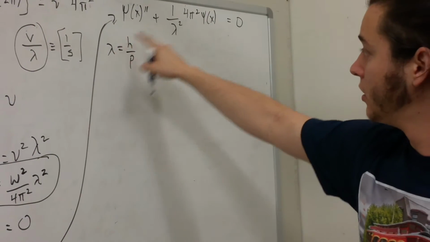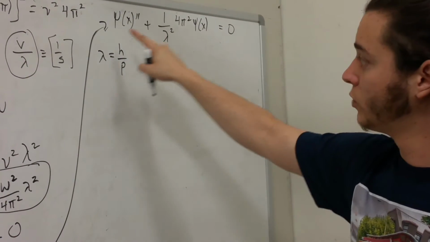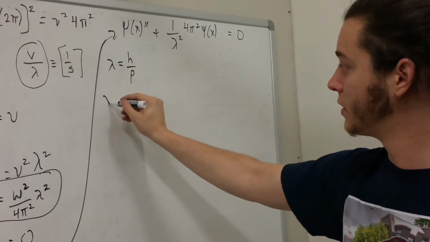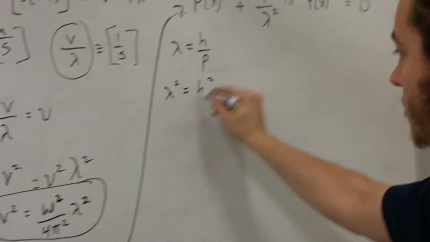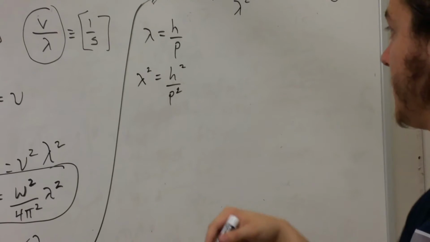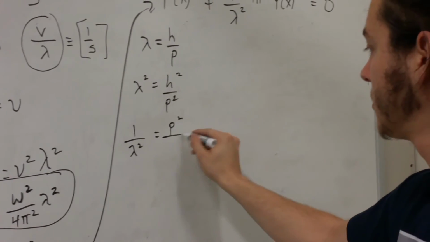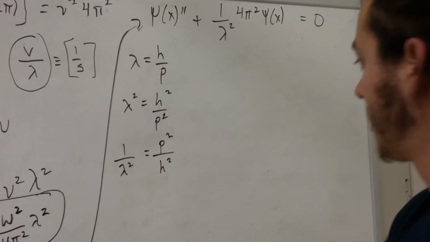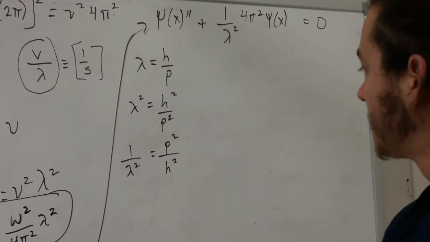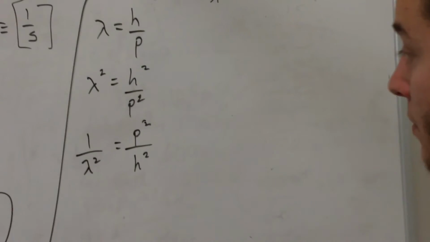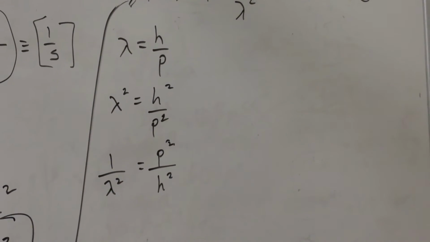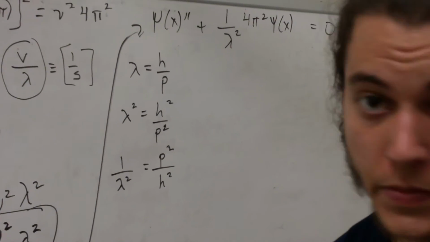So here we have lambda squared in our equation. We have lambda here from de Broglie, so let's just make it squared, simplify things, squaring everything. Then we want the inverse. So the inverse is simply this. Okay? And so we're going to replace that in our equation, remembering, though, that momentum can be described in terms of energy.